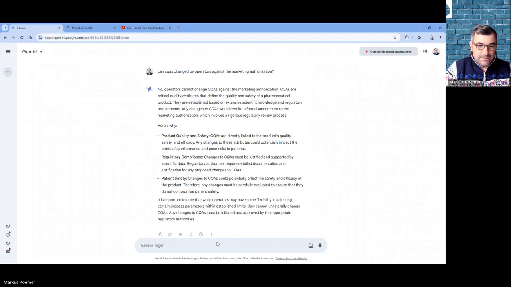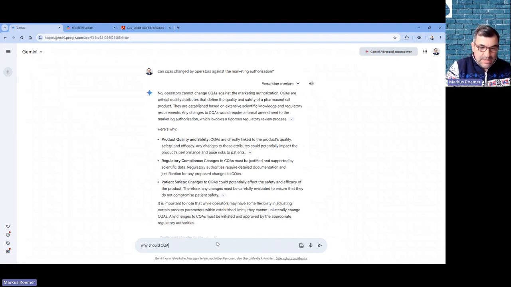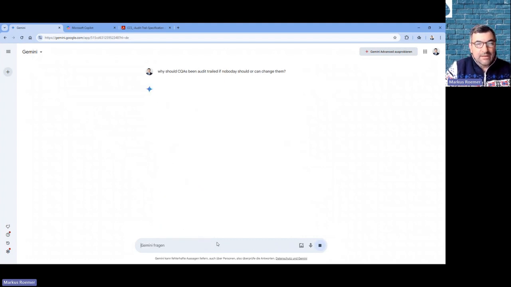No. So why should CQAs be audit trailed if nobody should or can change them? That will be interesting. A little bit of fun with AI, right?